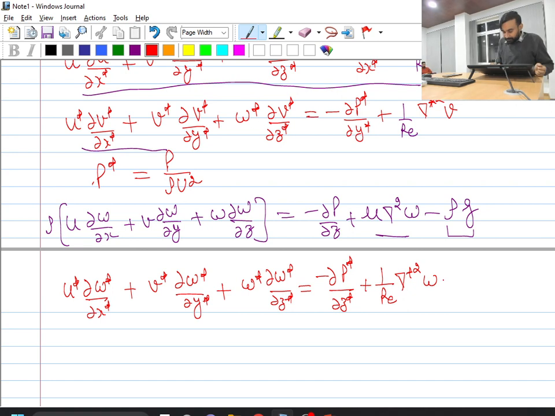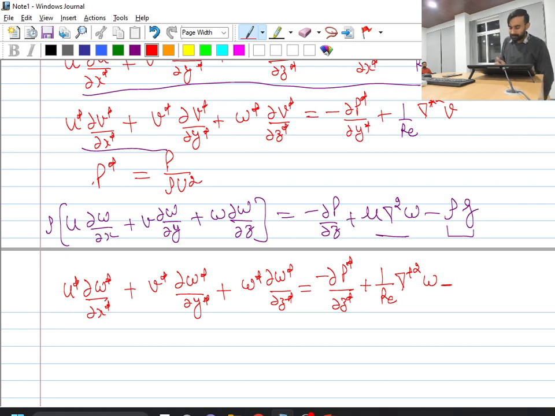While converting this equation from dimensional to non-dimensional form, from the left hand side we get one common term, which is rho u square by L. So we have to bring that to the other side.